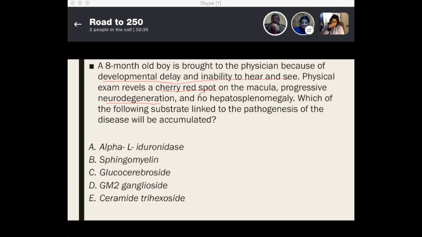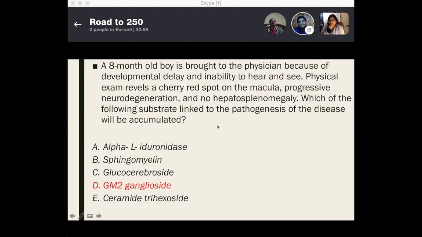But this is the key right there. I'm not asking about the enzyme, but what substrate is accumulated. It's a second order question. I'm going with D. Then you would be correct. D is the right answer.